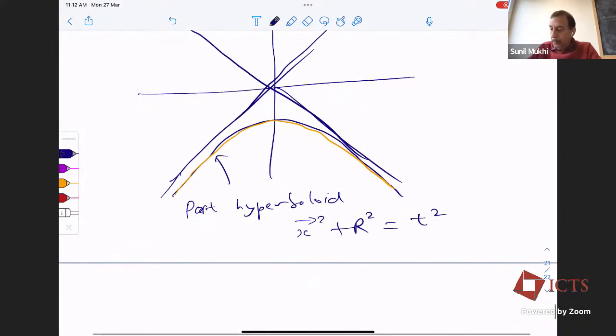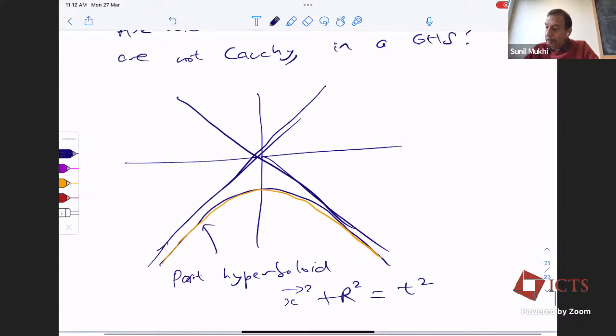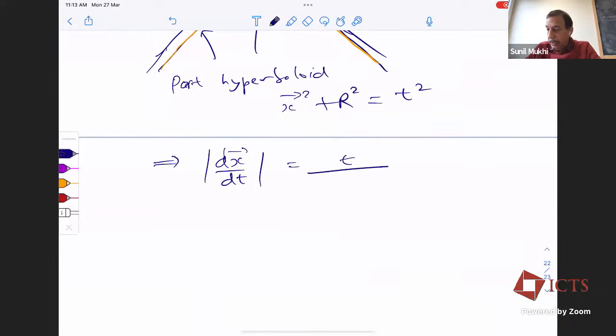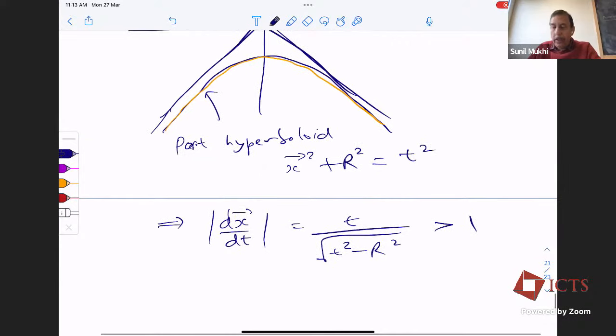Now from this equation, it's very easy to see that dx by dt, this is in Minkowski, this is an example in Minkowski. Now, dx by dt, you can calculate, and you find that it's just t over the square root of t squared minus r squared, and this therefore is always greater than 1 for any t. Okay, so it's space-like.